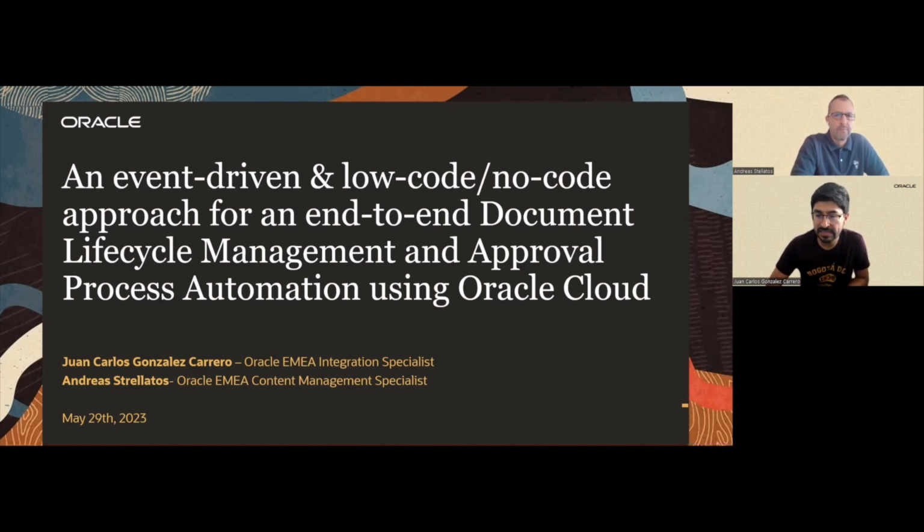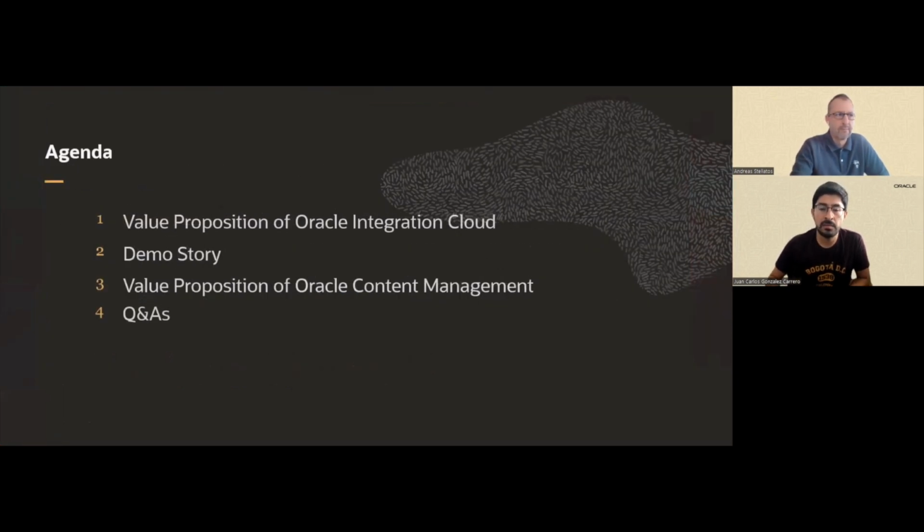Let's move on to the agenda that we have prepared. Basically, we're going to talk about the value proposition of Oracle Integration Cloud and the different components that we will show in the demo story that we have prepared.